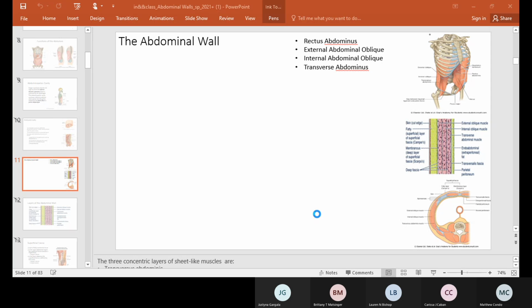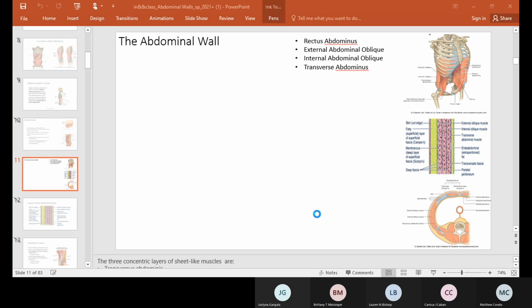External abdominal oblique. Okay. So we've done straight in towards the belly button. We've done straight up towards the rib cage. Now we're going to go down. So external abdominal oblique, my fingers are running down and in.